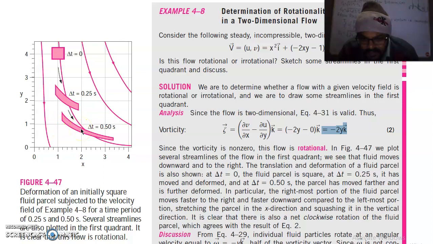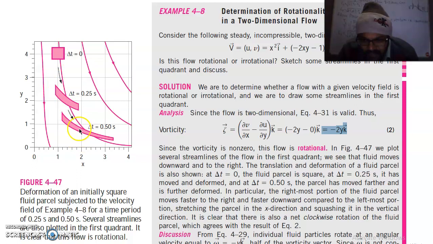The rightmost portion of the parcel moves faster to the right and faster downward compared to the leftmost portion of the parcel, stretching the parcel in the x direction. You can see it is stretched along the x direction; the length has increased in this direction as compared to this. And there is squashing in the vertical direction: you can see the original height of this parcel is this, and it has squashed in the vertical direction.